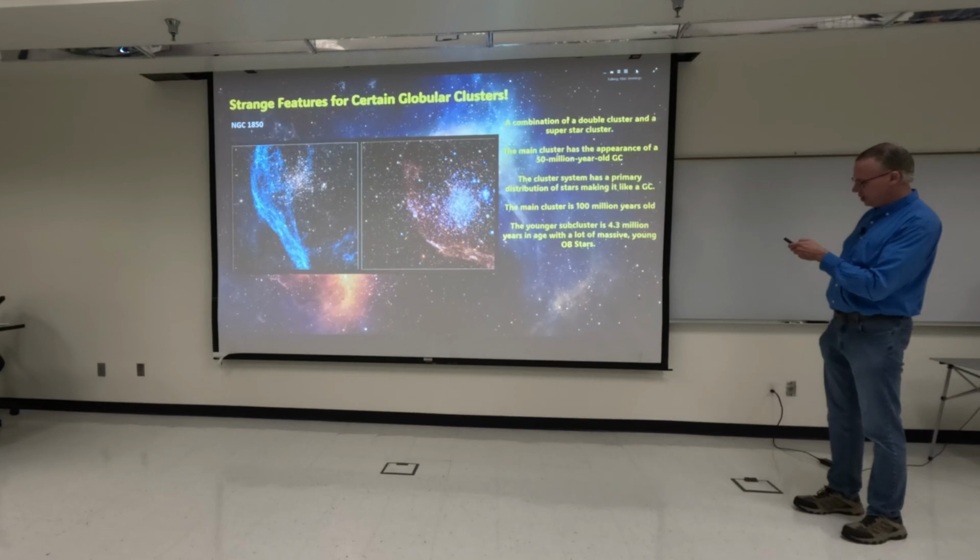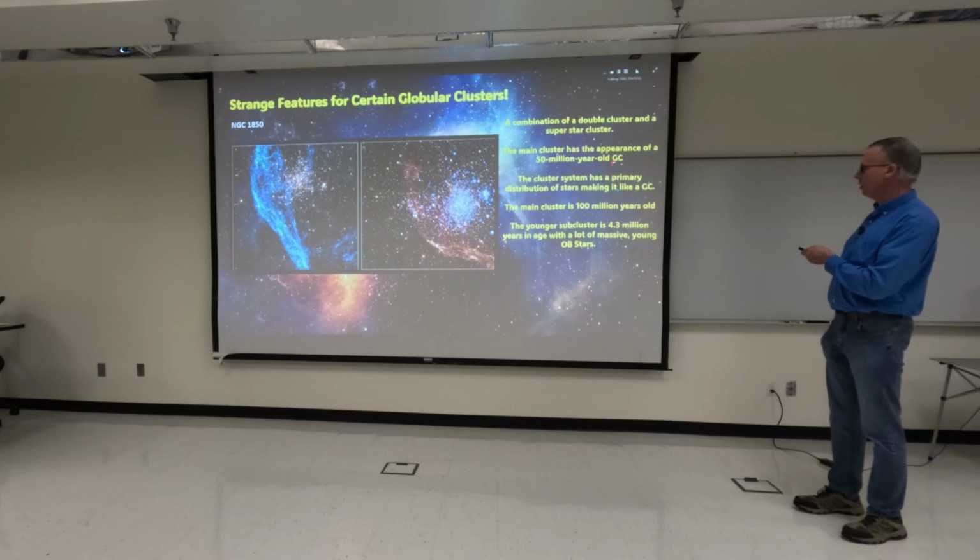NGC 1850, this is in the Large Magellanic Cloud. Right there, this is actually a combination of a double cluster and a superstar cluster. What's odd about this one here, which is the main body of stars, is a globular cluster.